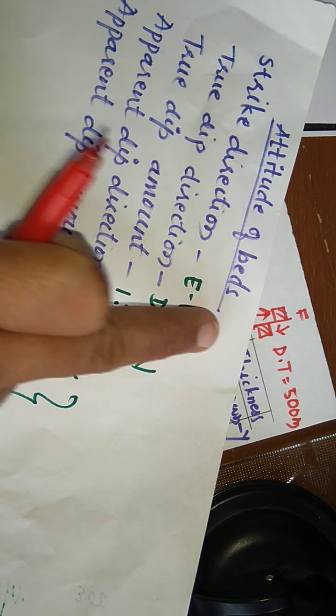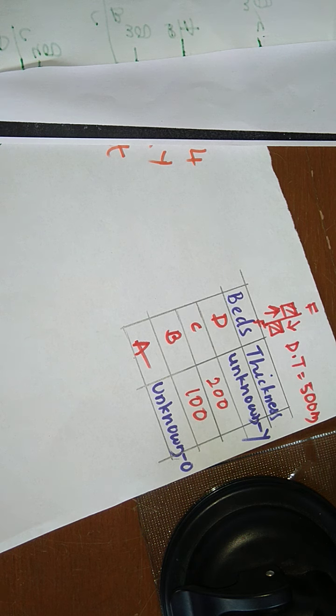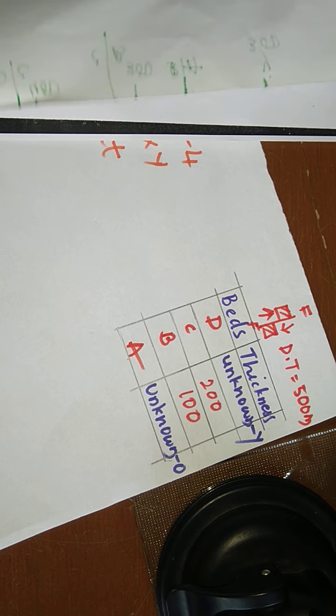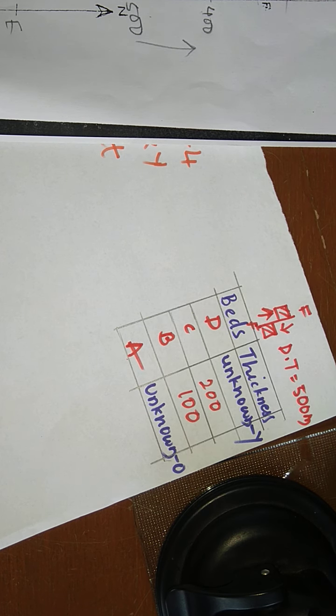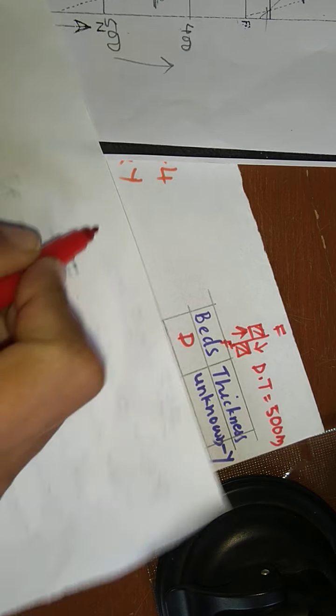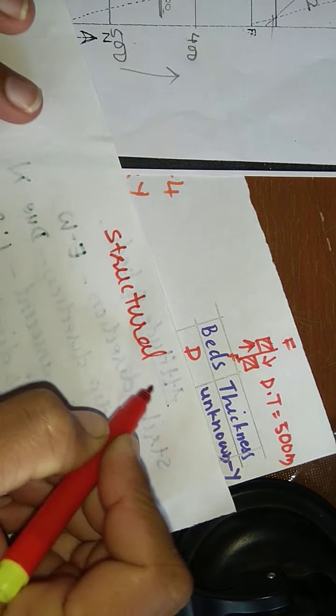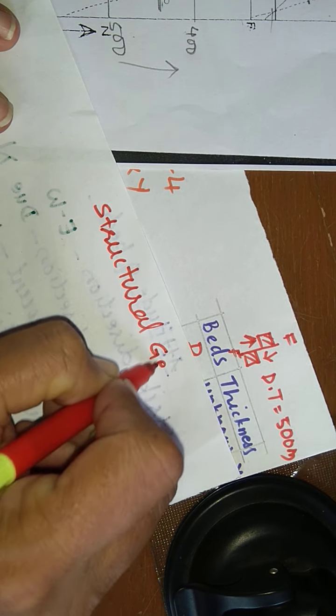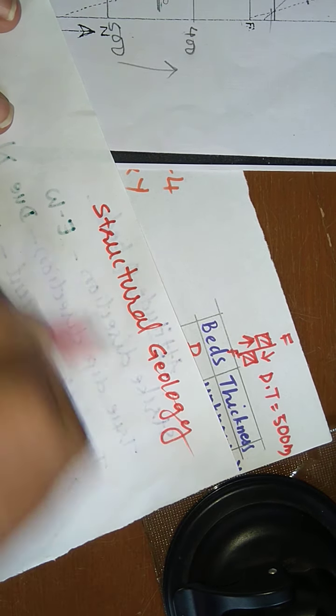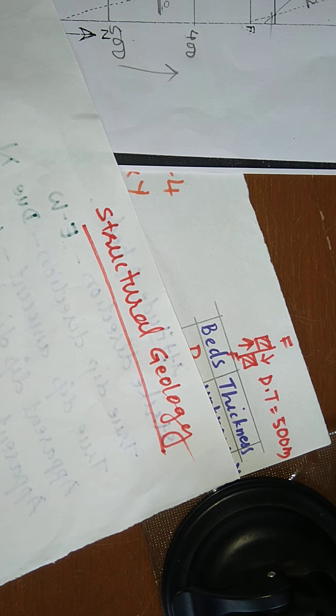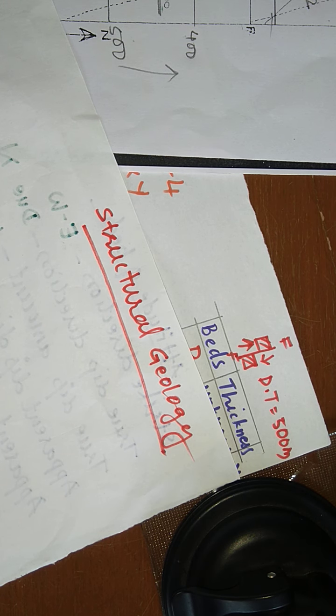So we will write the attitude of beds and the order of superposition here once again in the geology of the area. Then you will add one more point, that is the structural geology. Here we are going to write about the fault. Structural geology means about the fault. We are going to add one more point before the geological history.